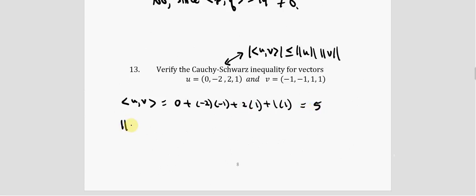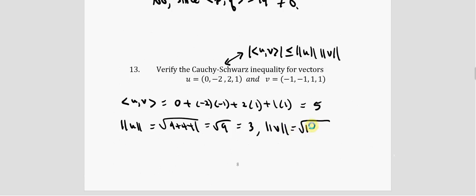Now the norm of u is the square root of 4 plus 4 plus 1. That's the square root of 9, gives us 3. Then the norm of v is the square root of 1 plus 1 plus 1 plus 1. That gives us 2. So, is it true that the inner product of u and v, excuse me, the absolute value, is less than or equal to the norm of u times the norm of v?